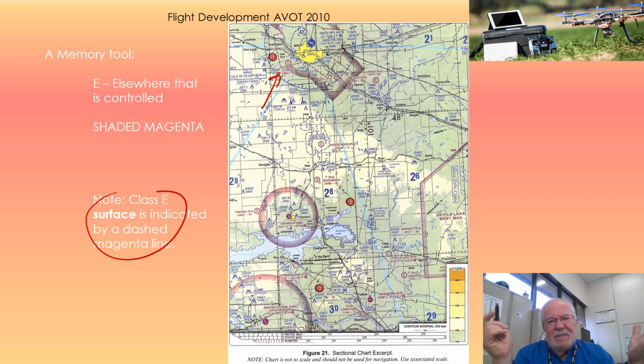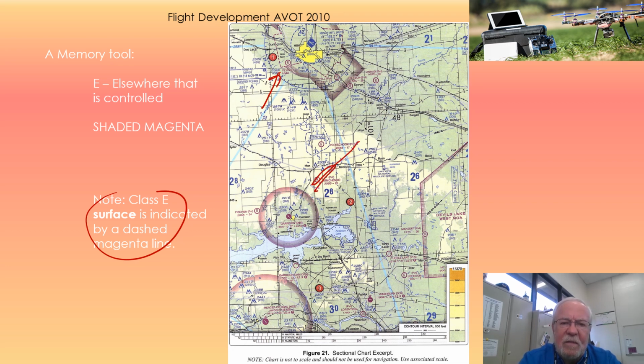But that's again to protect people coming in and out of Minot International. But more typically, you're going to see this kind of thing, where it's a shaded area. So outside the shaded area, E airspace starts at 1,200 feet, but inside it starts at 700 feet.